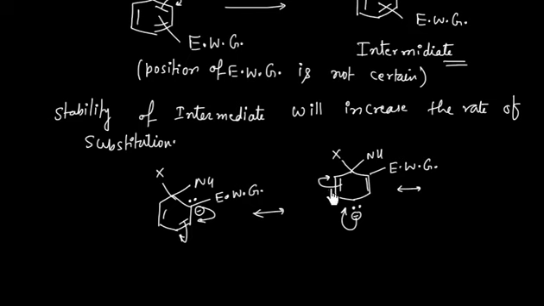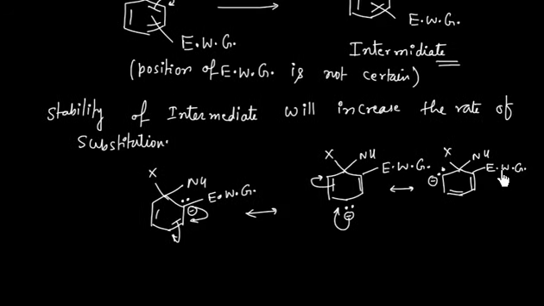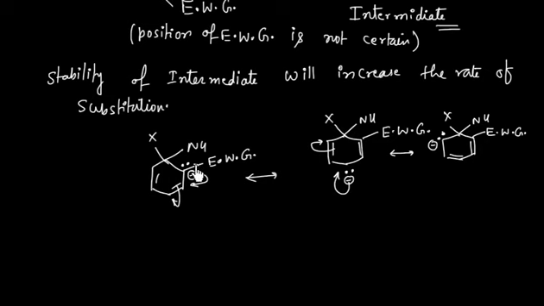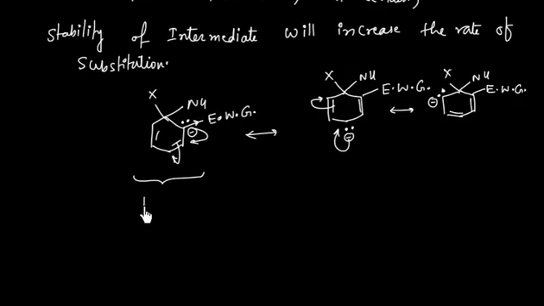We can write another resonating structure. Now if you see, this resonating structure is highly stable because the electron withdrawing group pulls this electron and makes this resonating structure more stable.